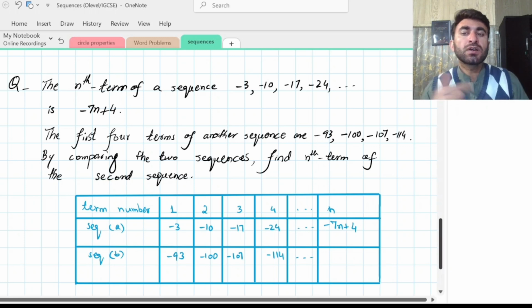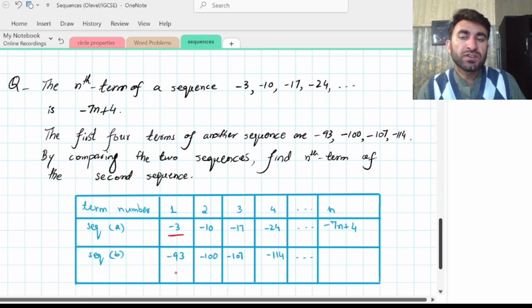So in order to compare the two sequences, see, the first term of sequence A is minus 3, the first term of sequence B is minus 93. So they both differ by minus 90, right? Similarly, if I compare the second term of both sequences, the sequence A second term is minus 10 and the second term of sequence B is minus 100.